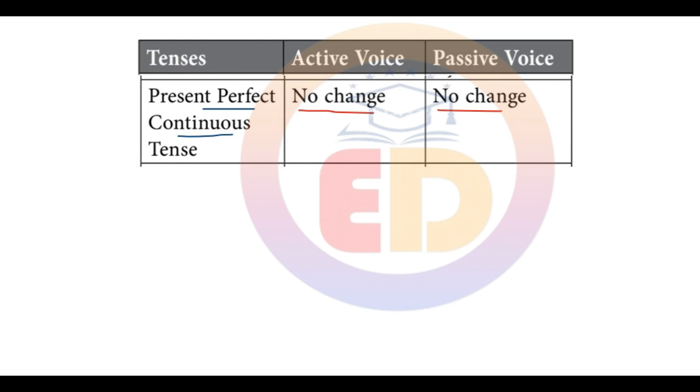Now, in present perfect continuous tense, the structure is subject plus has or have plus been plus first form of verb plus ing plus the time phrase.